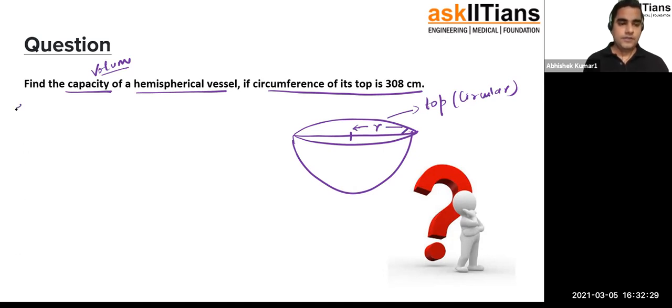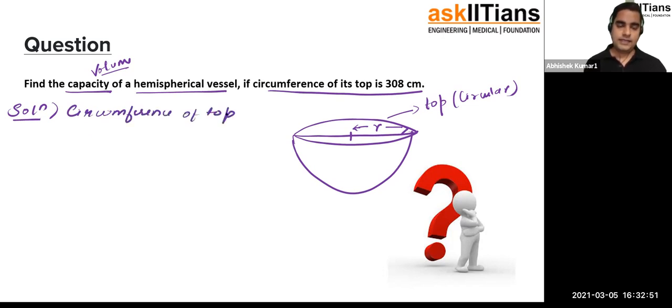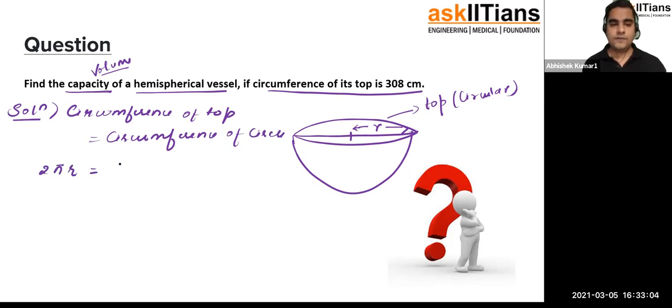Because the top is circular, the circumference of its top will be the same as the circumference of a circle. So we have 2 pi r, where r is the radius I have assumed of this circular top, and that is equal to 308.